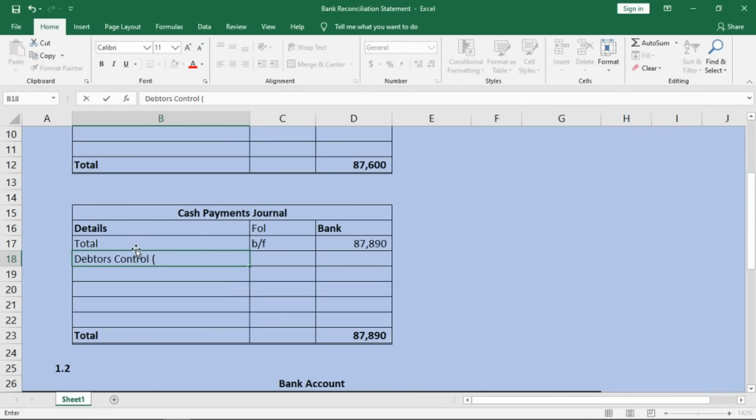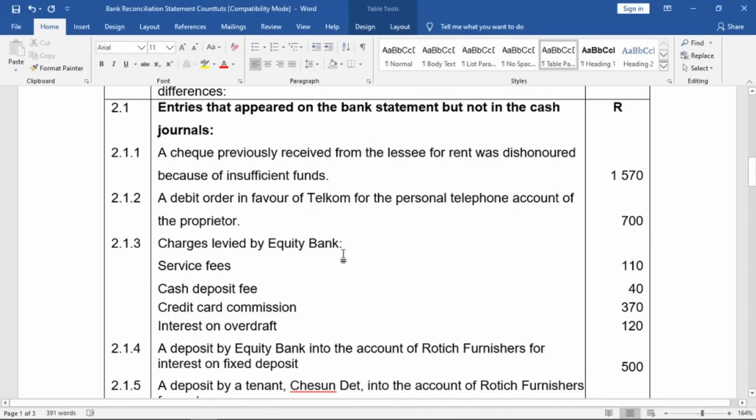That check was dishonored, and I'm going to write here check which was dishonored. So I'll write check RD, and then I put in the amount there, 1,570. So you can see here we had initially recorded it in our cash receipts journal when we received it, but now that it's been dishonored, we have to take it out of our cash receipts journal. How do we do that? We put it in our cash payments journal.